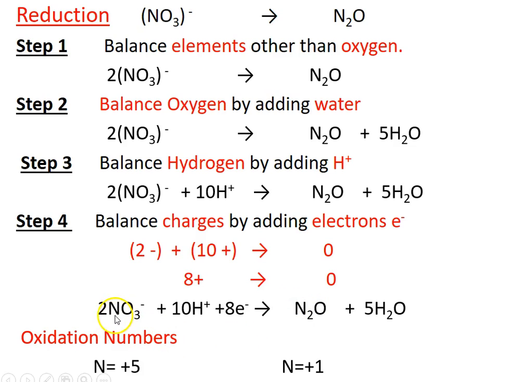So each nitrogen has gone from +5 down to +1. So you need to add 4 electrons for each nitrogen to change. Because you've got 2 nitrogens, you need 8 altogether. I think oxidation numbers is a little bit trickier way of working out how many electrons, but if you had to, you can use oxidation numbers.